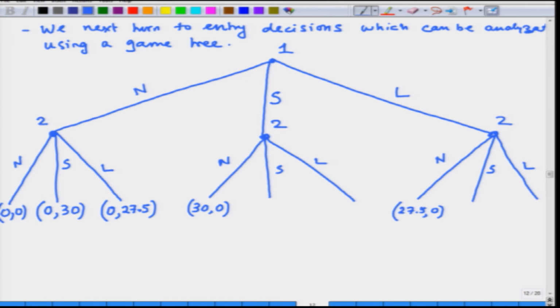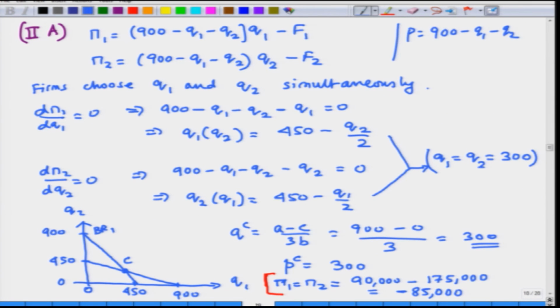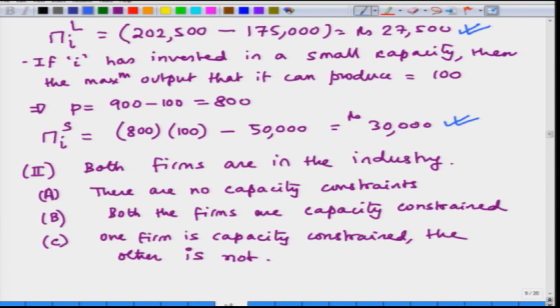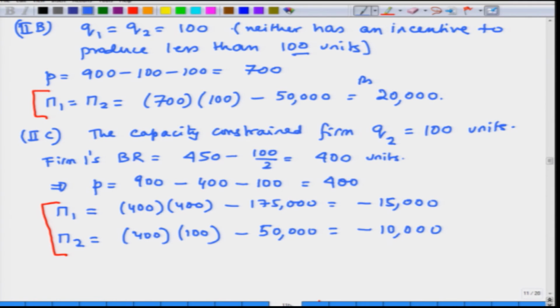Now comes the case where both the firms are in the market. So, if both the firms have invested in smaller capacity, which corresponds to case B. So, let us look at what happens in B. If both the firms have invested in smaller capacity, then each gets a profit of 20,000.